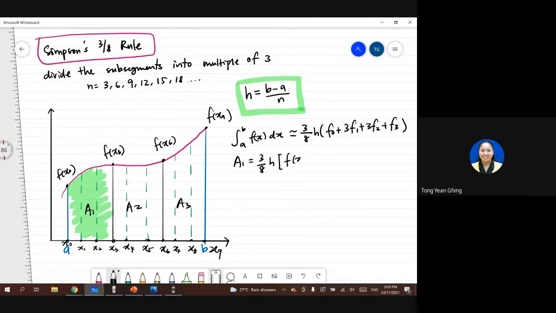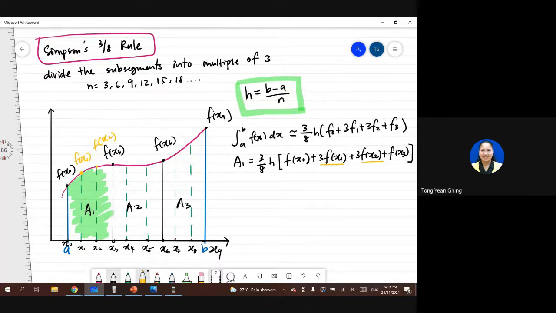F0 is Fx0 plus 3 times Fx1 plus 3 times Fx2 plus Fx3. Okay. Sini. Okay, so this is Fx1, Fx2. Yang tengah-tengah tu lah. Okay, yang tengah tu kita darabkan 3.